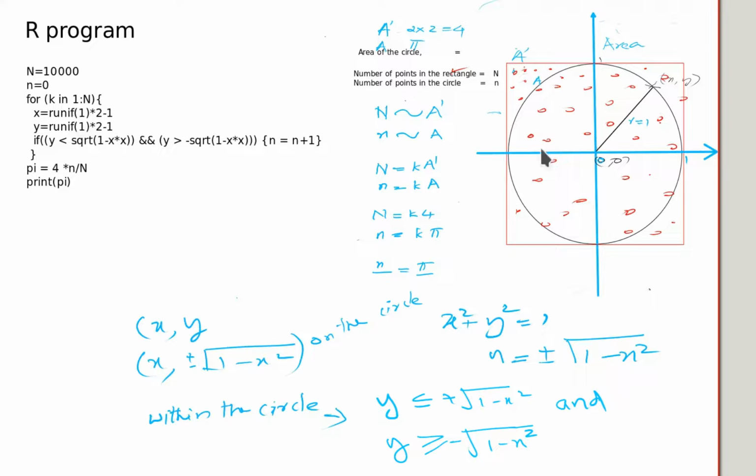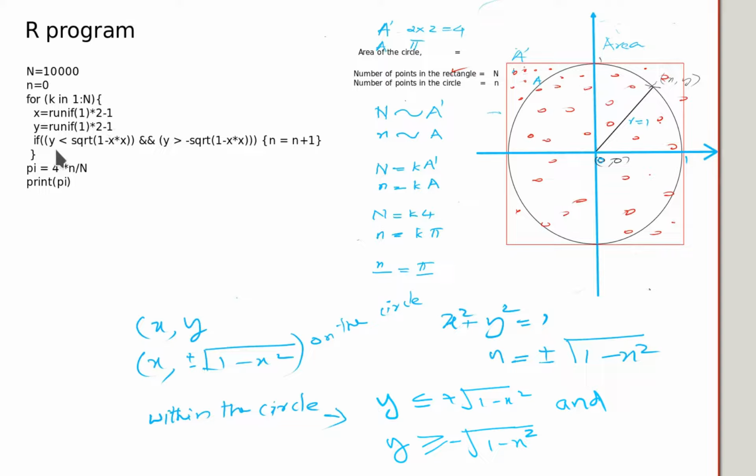So this is the x coordinate of the point, and y is similarly the y coordinate of that particular point, which is also generated similarly, like runif(1) times 2 minus 1. So we got two random numbers lying between -1 and +1. The first one is the x coordinate and the second one is the y coordinate.